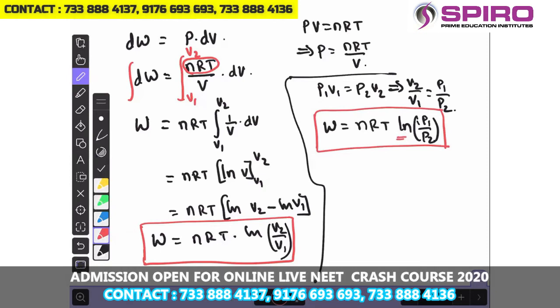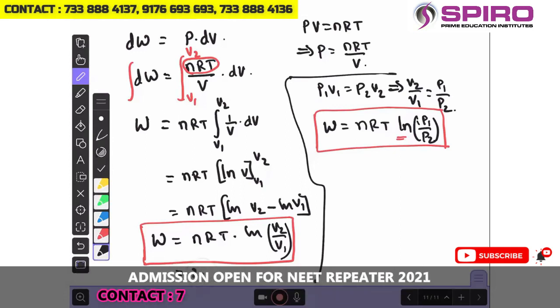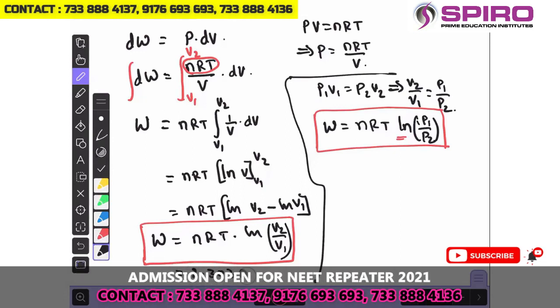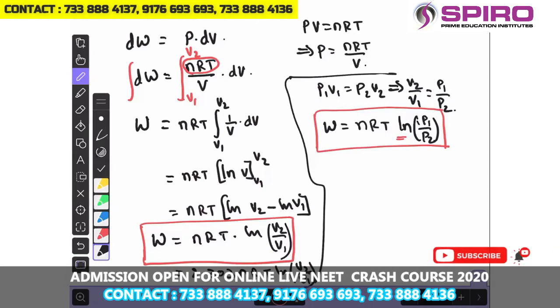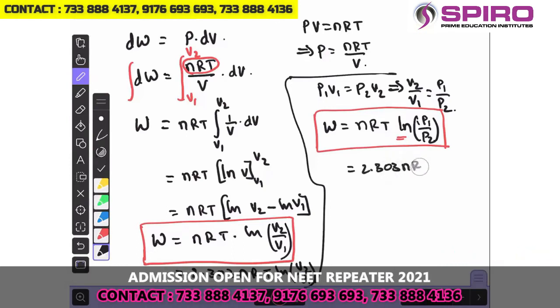How can you convert the natural logarithm into the decimal logarithm? To convert that, this will be turned to 2.303 nRT log V2 by V1, and the same thing can also be written as 2.303 nRT log P1 by P2.